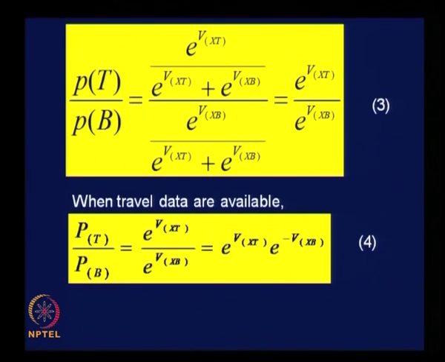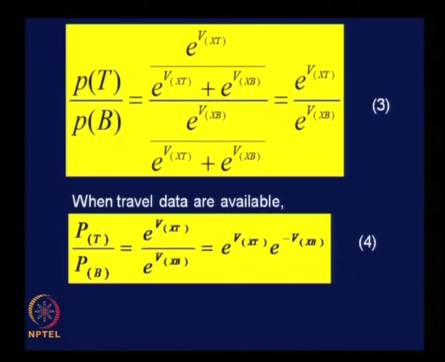Capital P is to differentiate from the probability, it is real share, divided by capital P of b is equal to e power Vxt divided by e power Vxb. That is nothing but e power Vxt into e power minus of Vxb. We can write that way also.